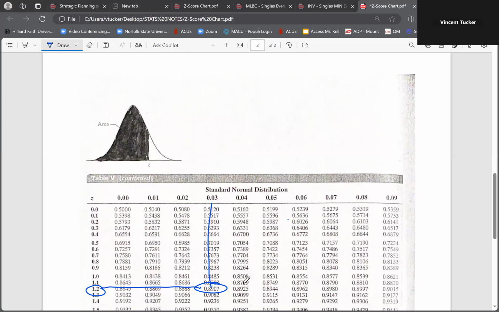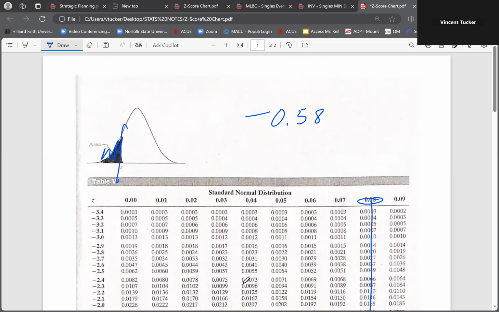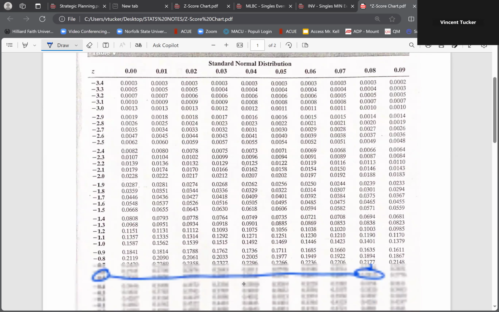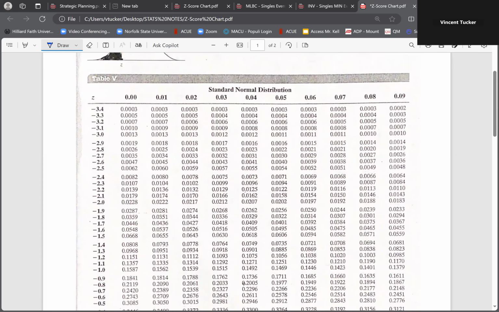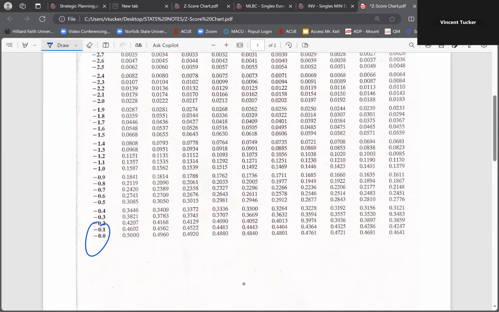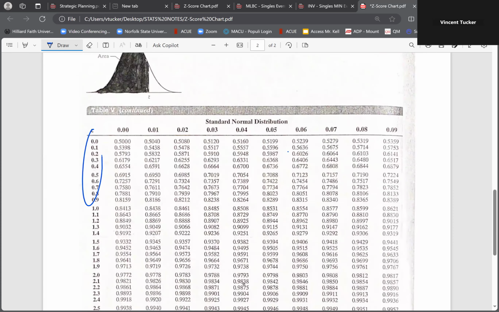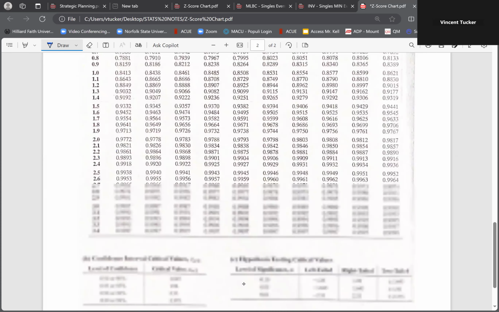All right. The chart that I'm going to give you is 2 pages. The first page is negative values, so it's negative 3.4 to 0. And then the second page is positive values, so 0 to positive 3.4.